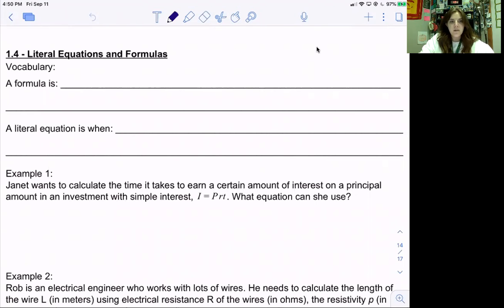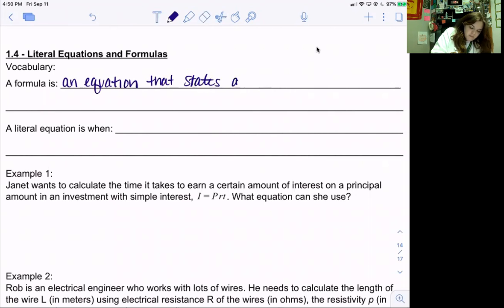So, some more vocabulary. A formula is an equation that states a relationship between one quantity and one or more other quantities.